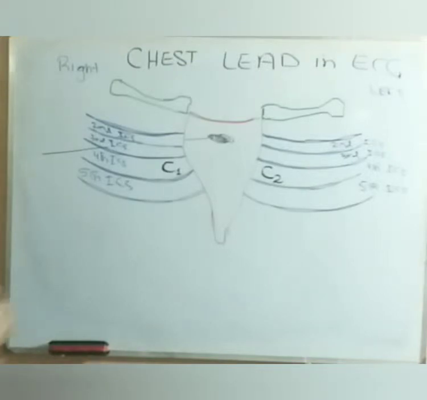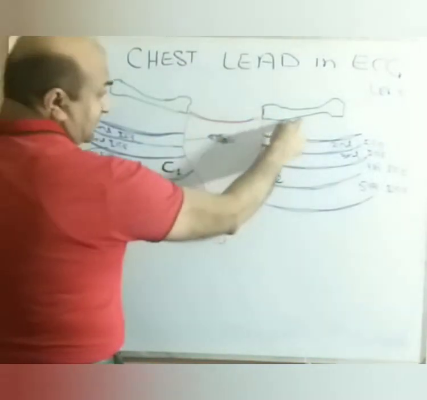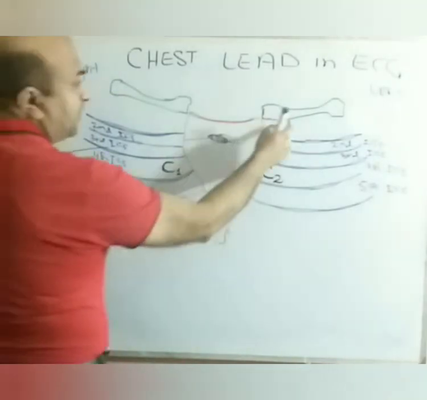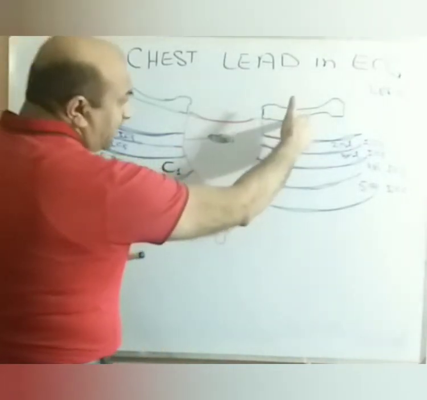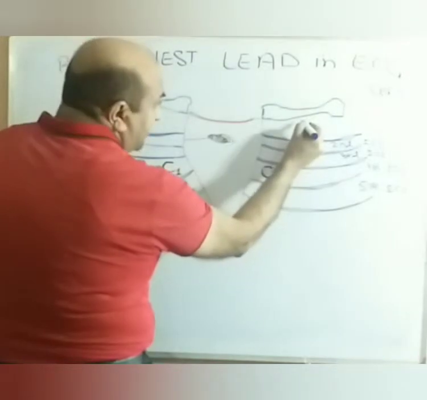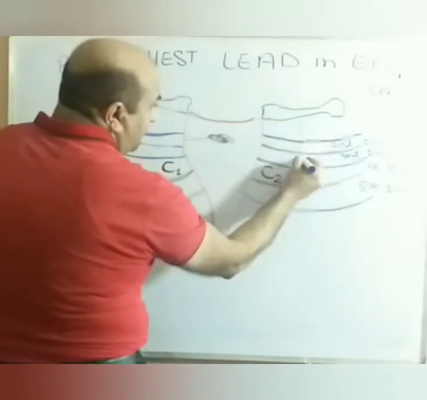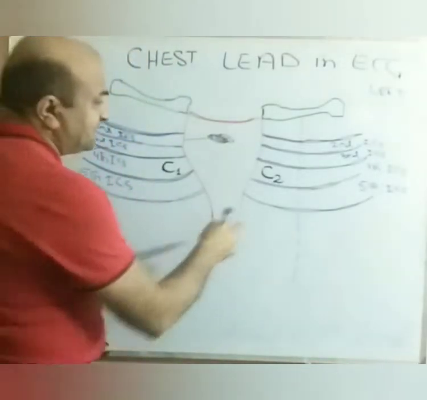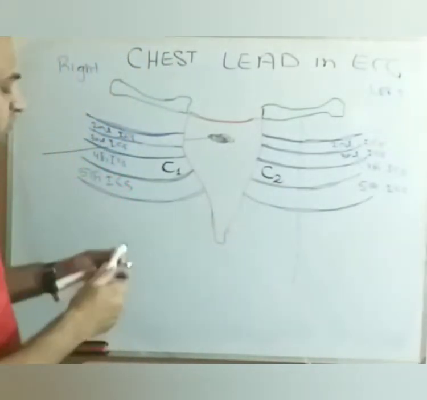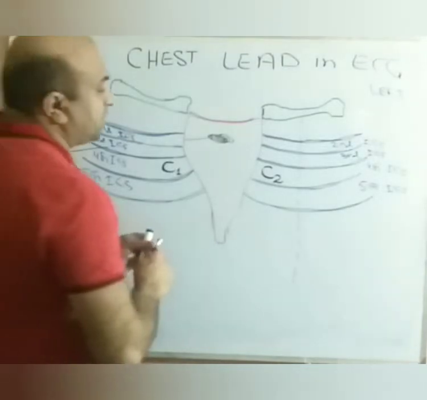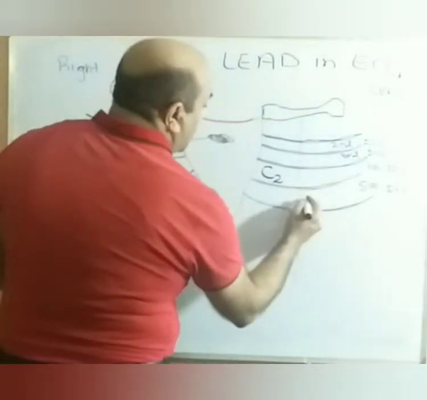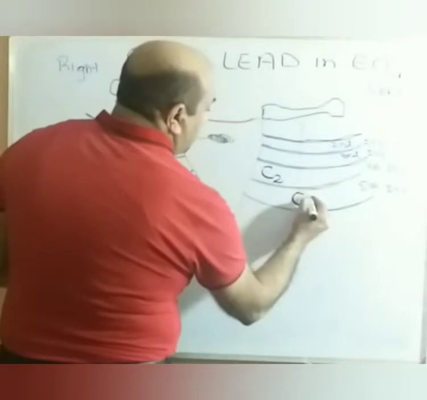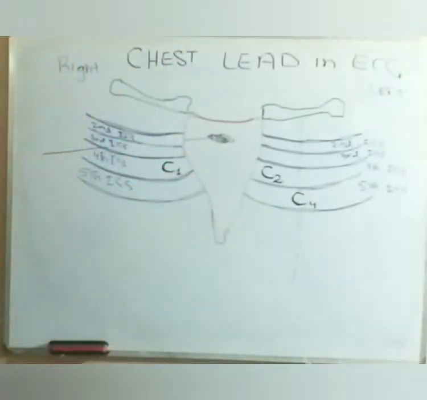First look at these two clavicles. The clavicle on the left side has a middle point. We drop a line from the center of the clavicle. This will be our mid-clavicular line. Where this mid-clavicular line bisects the fifth intercostal space is the point where we place C4, on the left side of the chest.